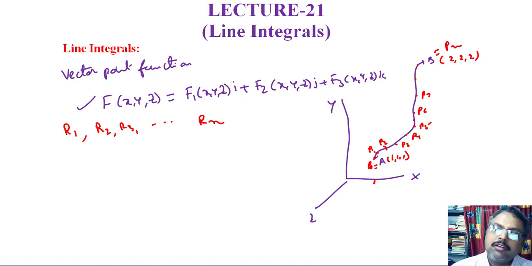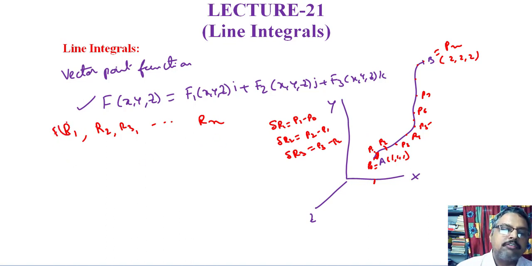Now, the length of the arc from P0 to P1 is delta R1, equal to P1 minus P0. The length of the second part is P2 minus P1, and the length of the third part is P3 minus P2. So you find all the lengths.